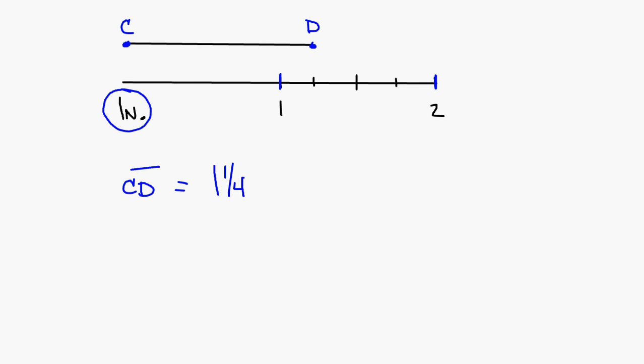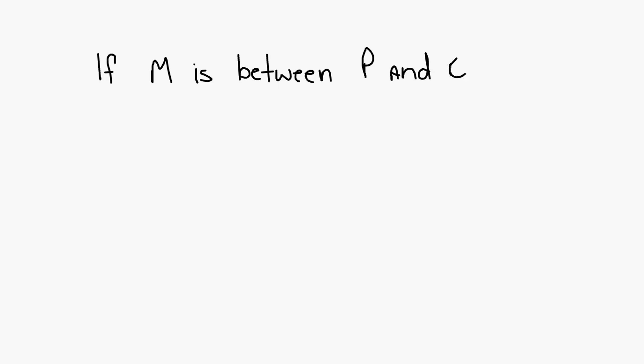Okay, key concept on page 15. We're going to say that if M is between P and Q, and the points are collinear.